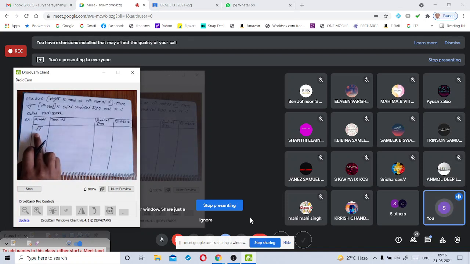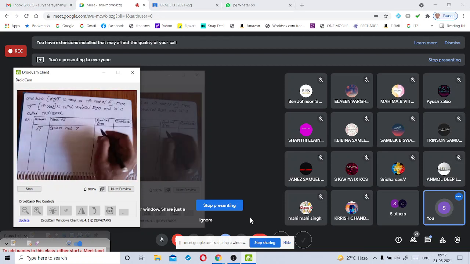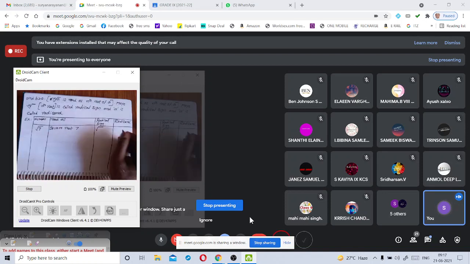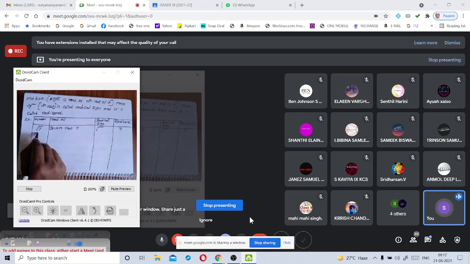How do you read this number? Square root 7. It is read as square root 7. In this example, what is the radical sign? Square root. And what is the radicand? 7 is the radicand.